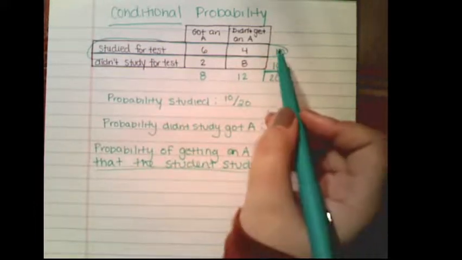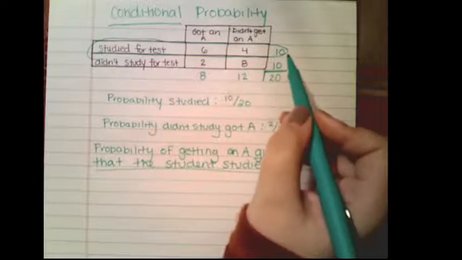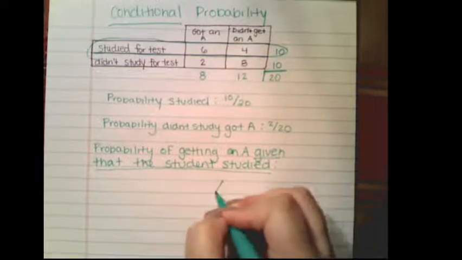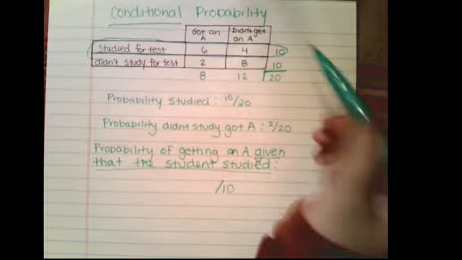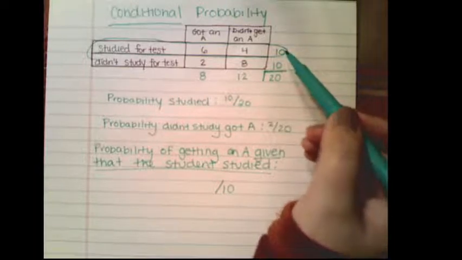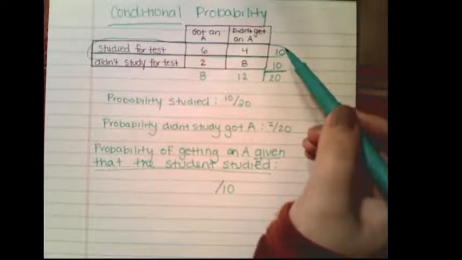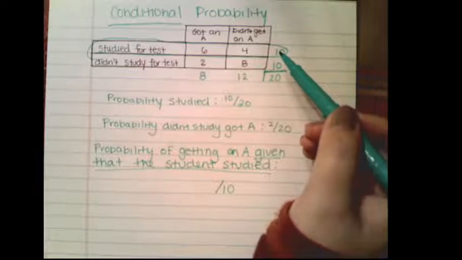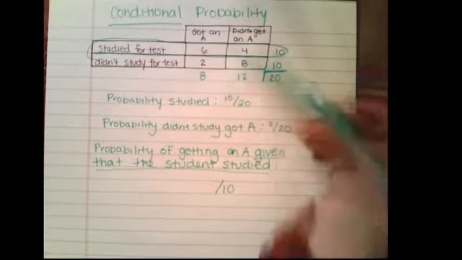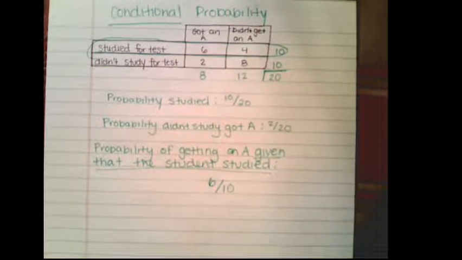That means our new total is going to be out of 10 because only 10 students have studied. Out of these 10 students, 6 of them have gotten an A. So that's what our conditional probability looks like.